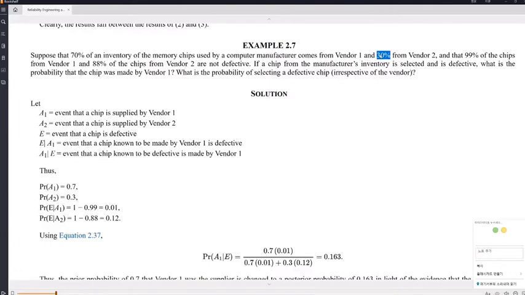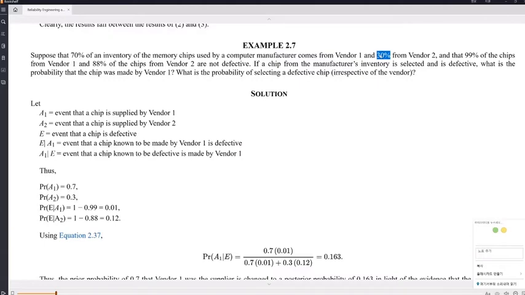But after testing, we found that the chip is defective. That means we achieved new knowledge, new information about the chip. Before the test, we did not know that. After the test, we found that the chip was defective.